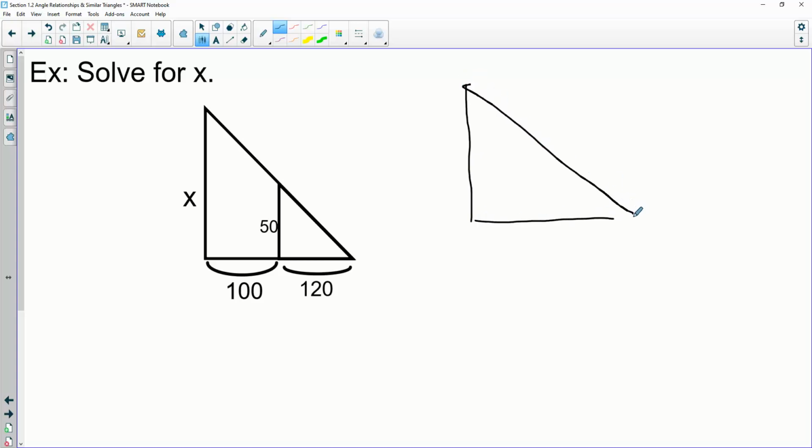So here's my whole triangle and my smaller one. And I know they have the same angles. This is the same angle on both. Looks like I should have labeled it. Pretend that I told you both of these were right angles. So we know we are dealing with similar triangles.